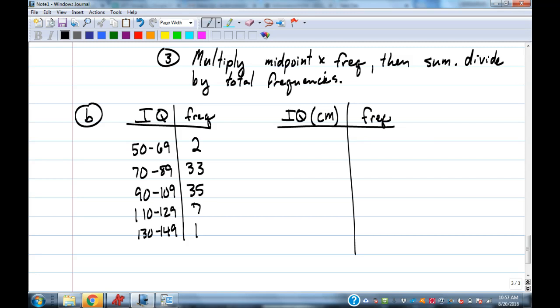You take your class boundaries, 59.5, right? Okay. So 59.5 is what we want to use. The next one you just follow suit there. Be careful about that. Did the frequencies change? No, they're all the same.